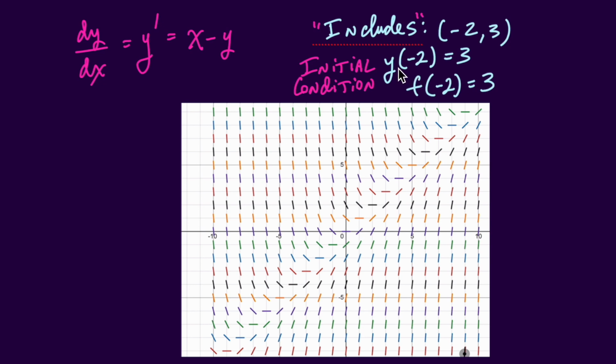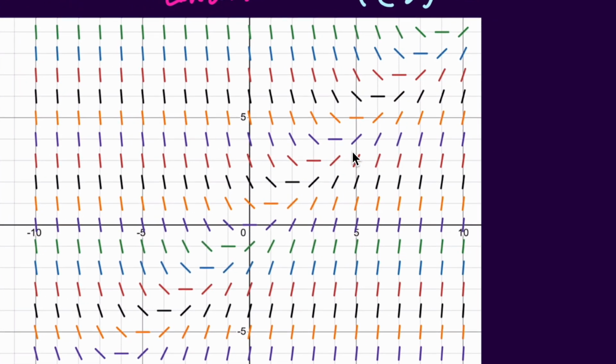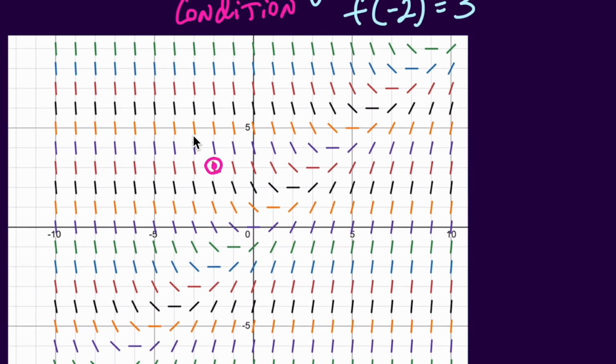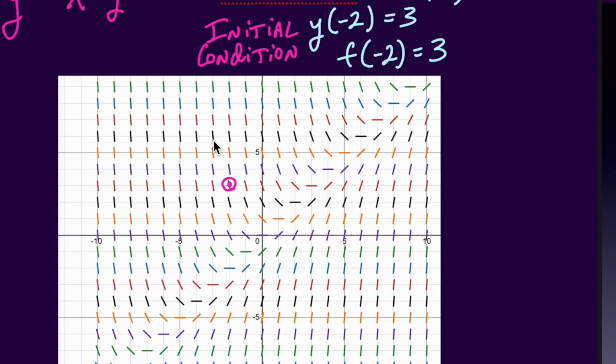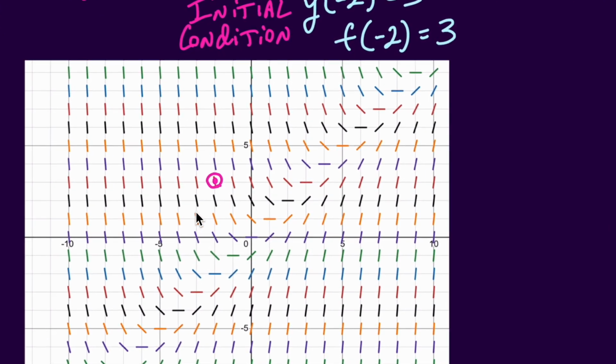If you see y(-2) = 3, they're still saying that the x coordinate is -2 and the output, the y value, is 3. So let's go to that point in our slope field, -2, 1, 2, 3, right here, and let's see if we can extract or draw a particular solution that goes through that point or has that initial condition.